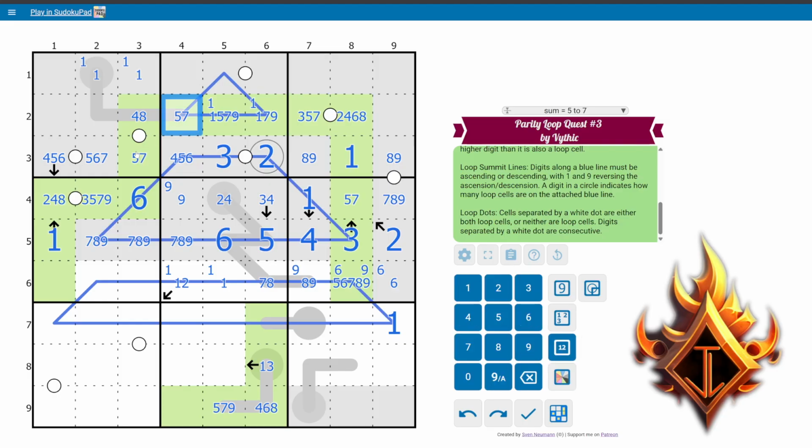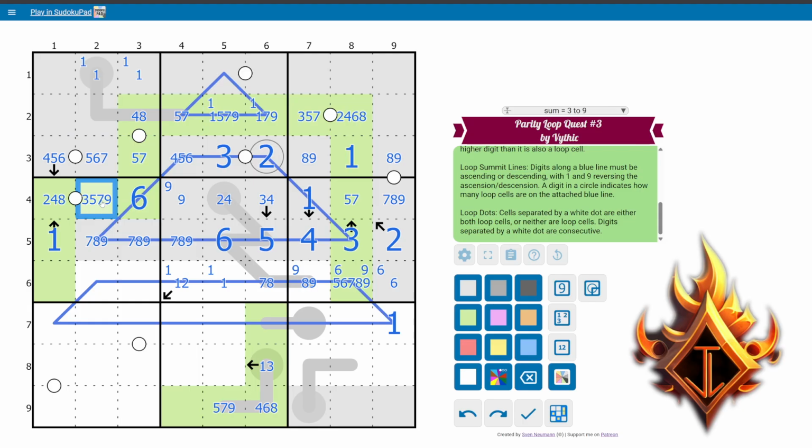This 5 and 7, I mean, I do know it goes down there, but it could be in one spot just as much as the other. Can that still be 9?